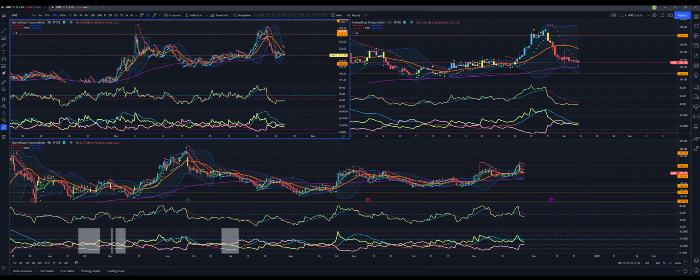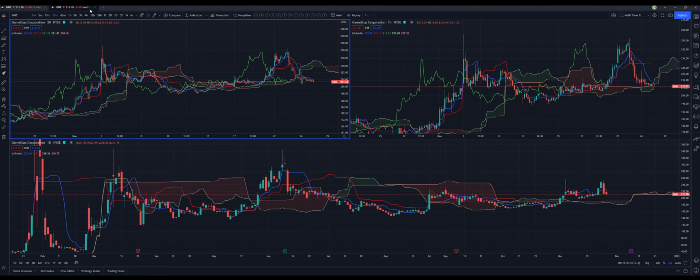Let's start with a quick multi-time frame rundown of GameStop so that we have a snapshot of the overall trend. To do that, I'll start out with Ichimoku. I know it looks very messy, but you don't have to know very much about it to understand the points that I'm getting at here.